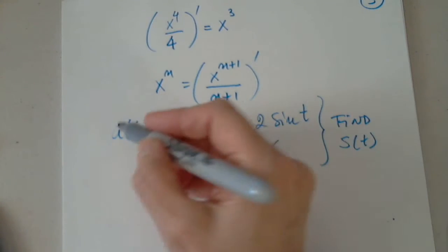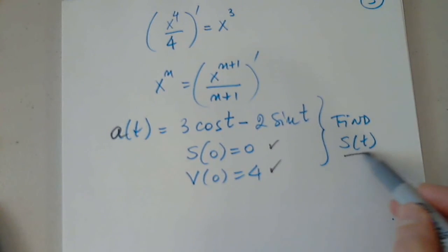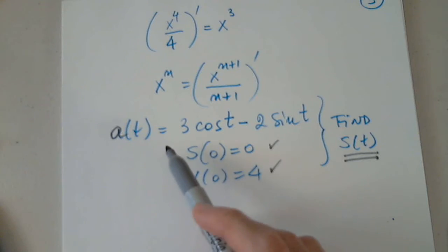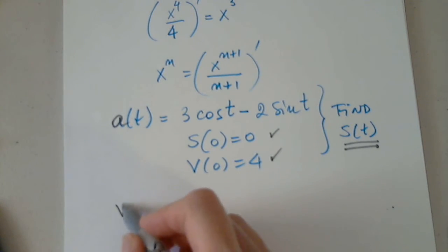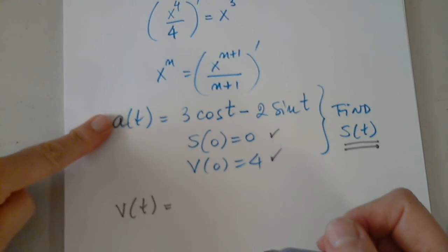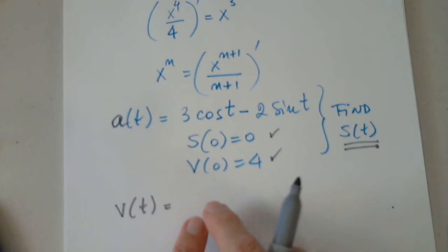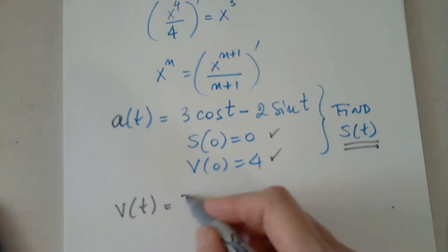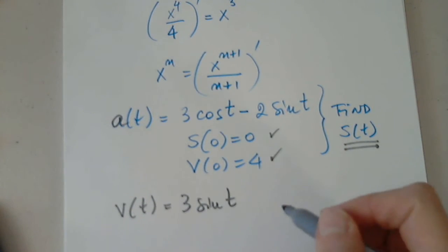Okay. From the acceleration, I cannot jump to the formula for the distance directly. I have to find the velocity. Okay. So knowing that the velocity is the antiderivative of this, I have to find the function whose derivative is this, so that is 3 sine t.